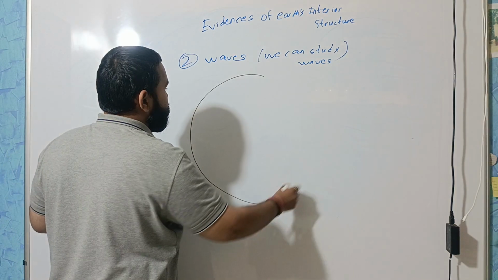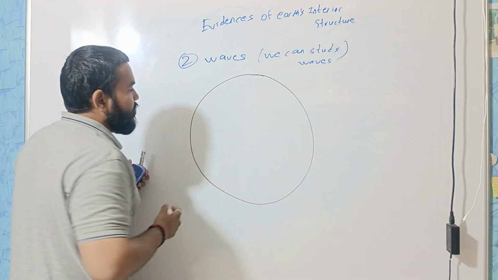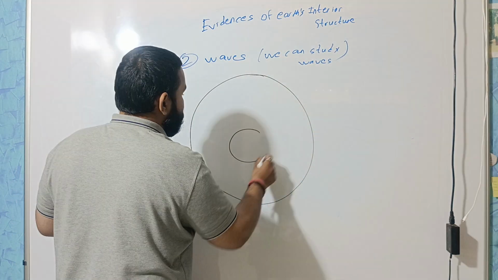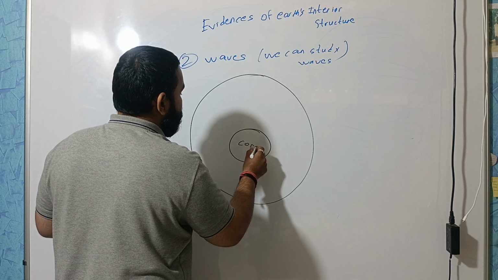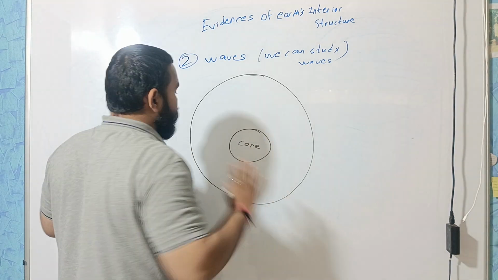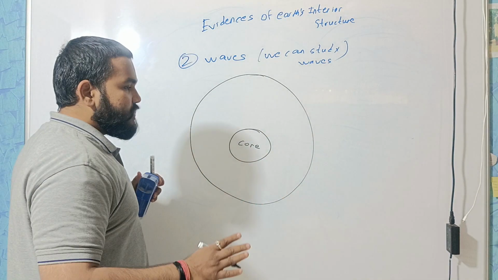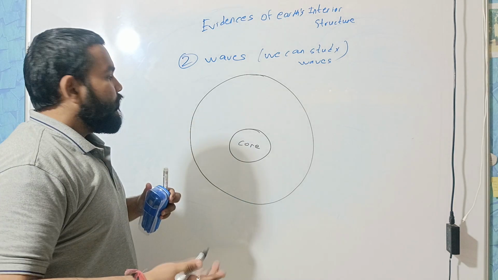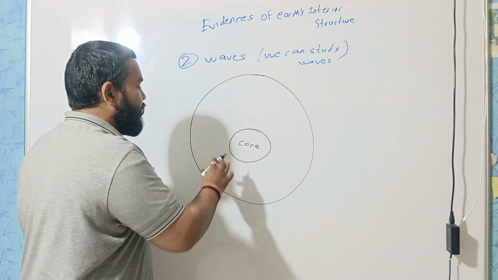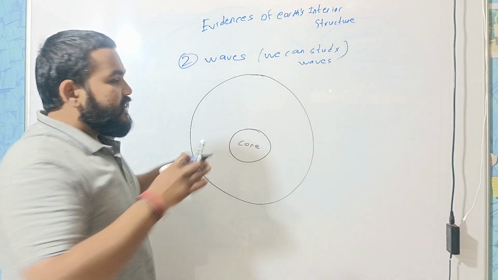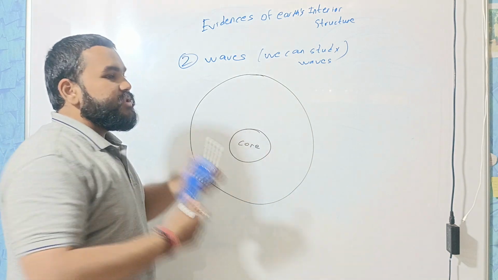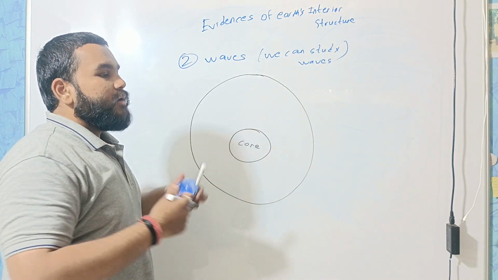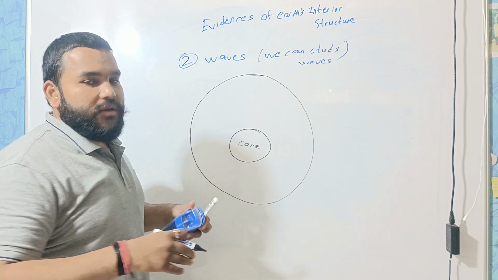Let's suppose this is my earth. Suppose this is my core, and there is no assumption. In physics, what we do, we just assume something first, then do the experiment and check whether that assumption is true or false. Assertion and reason based.